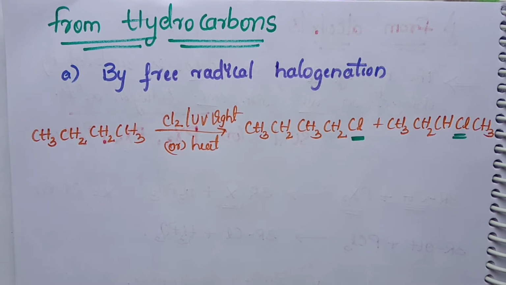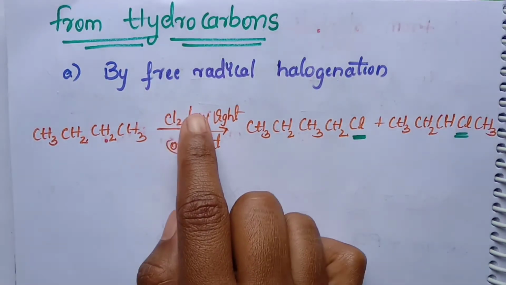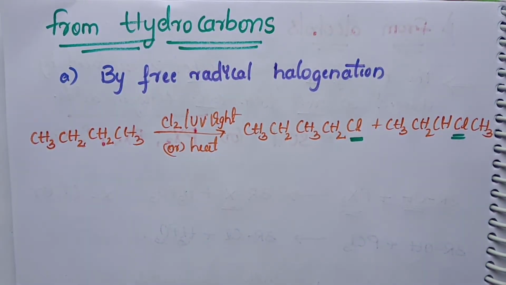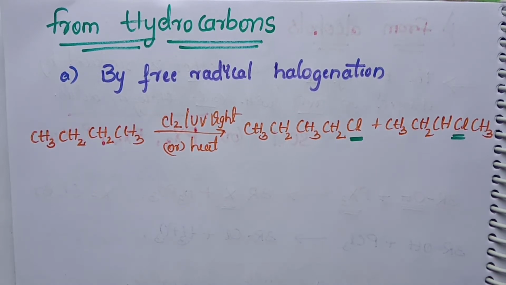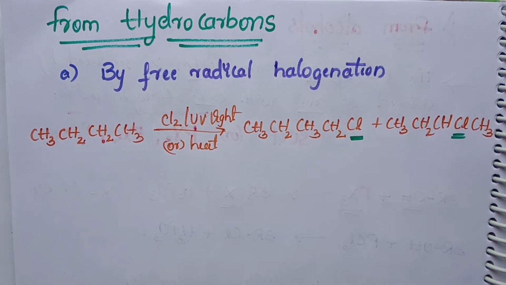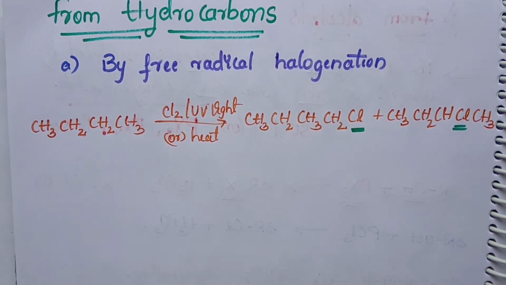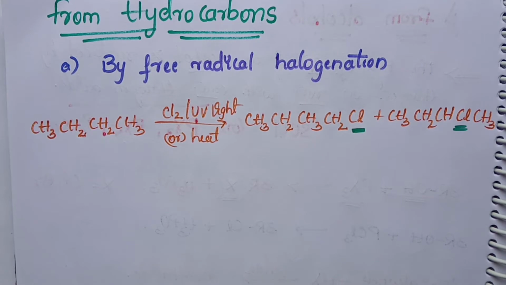In hydrocarbons, the first one is by free radical halogenation. Here the free radical chlorination or bromination of alkanes gives a complex mixture of mono and polyhaloalkanes, which are difficult to separate as pure compounds, because the polyhaloalkanes are di, tri or tetra, which are difficult to separate in pure form.